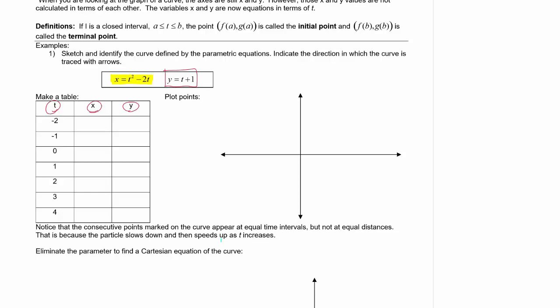So if I square the negative 2, I get 4. And then minus 2 times negative 2, so 4 plus 4 would be 8. And I keep doing that down.